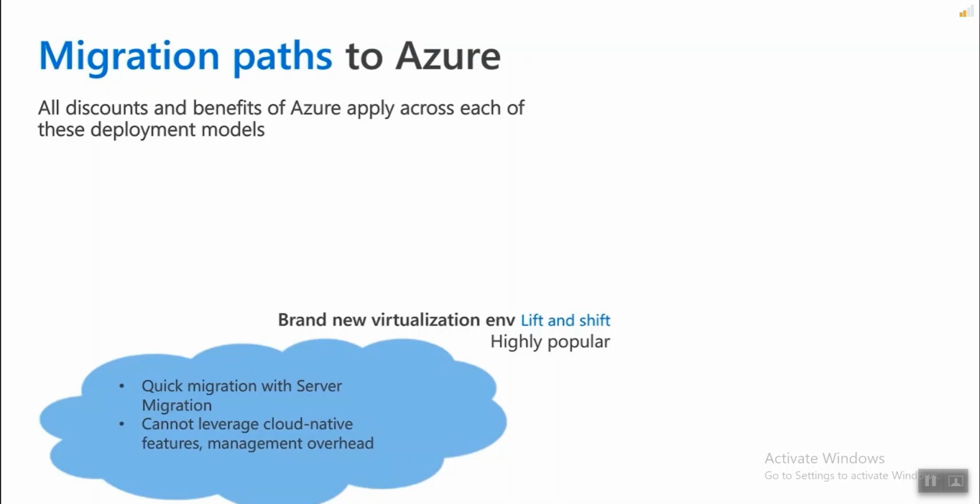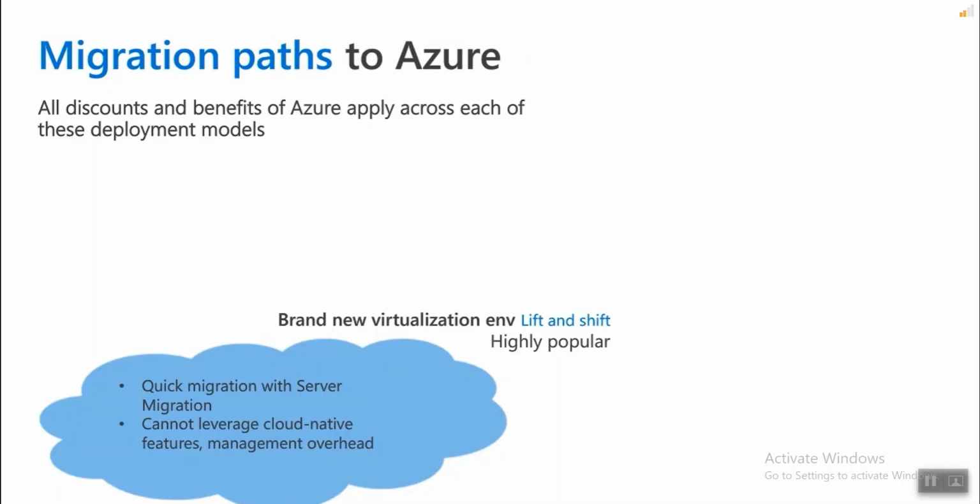And so this is a very quick migration methodology. You don't really need to do too much of preparation and planning. The only thing that you would need to know is whether the operating system is supported on Azure or not. And the minute you know it's supported on Azure, Azure Migrate already has the right information on recommended VM sizes. You basically use that, and then you do the lift and shift into Azure.